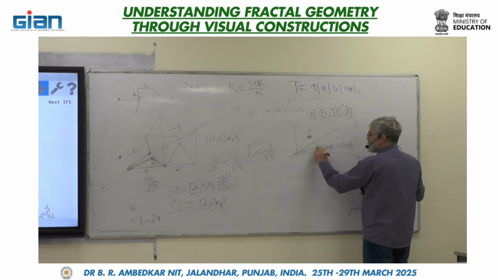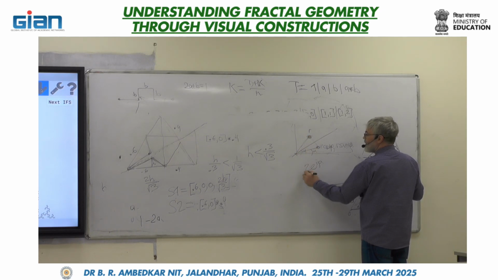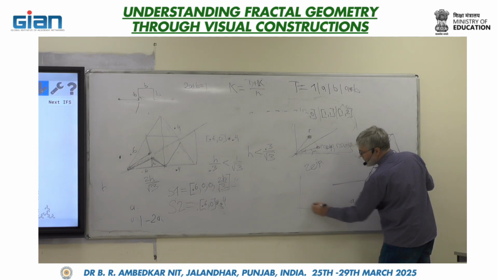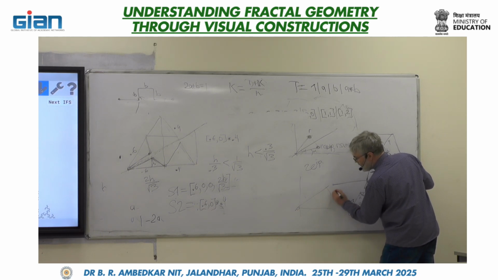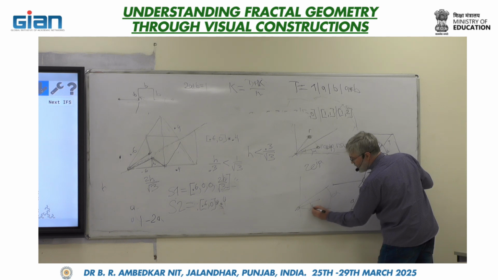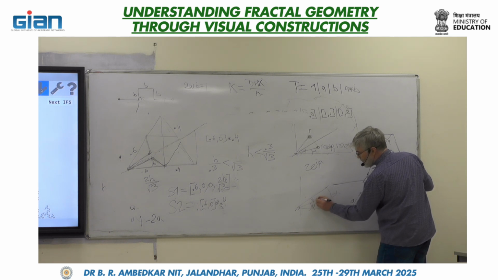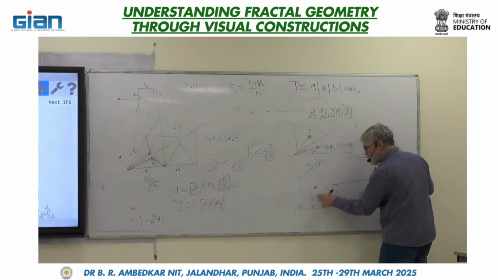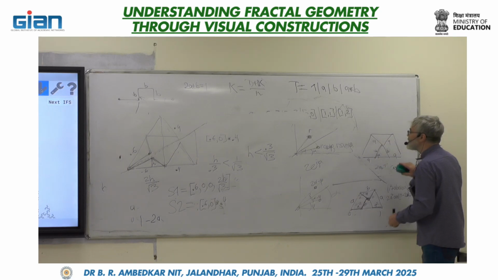So this is r e to the power of i phi, if this angle is phi, then you have alpha and phi, and this angle is alpha minus phi, right? This angle is also alpha minus phi, so this angle will be 2 alpha minus phi, right?